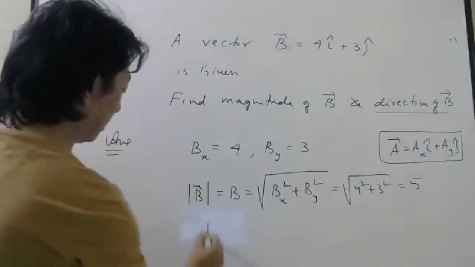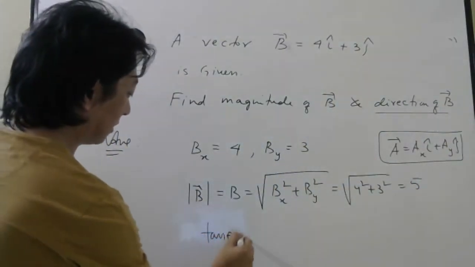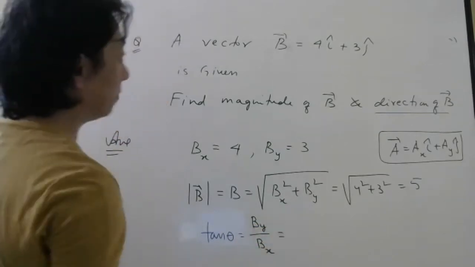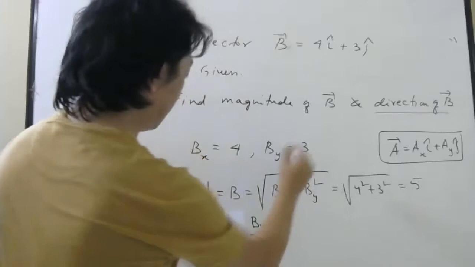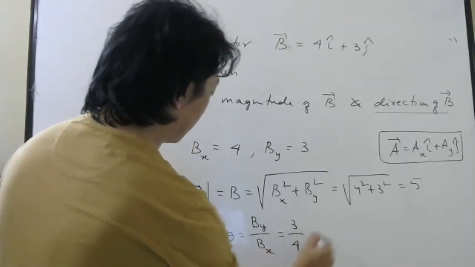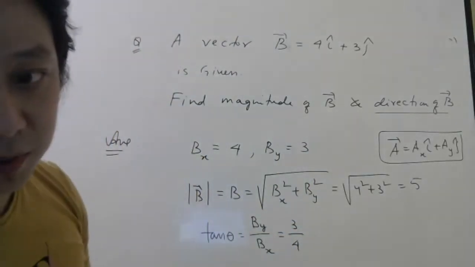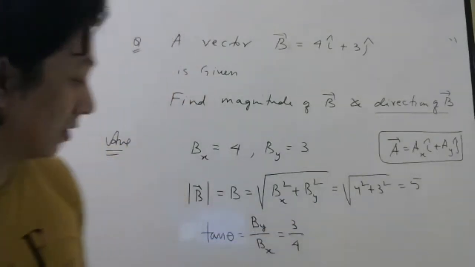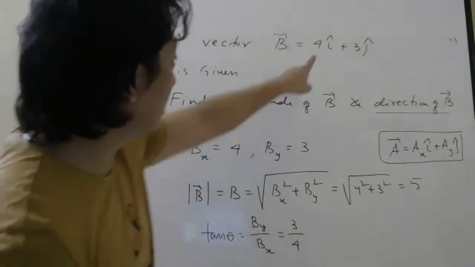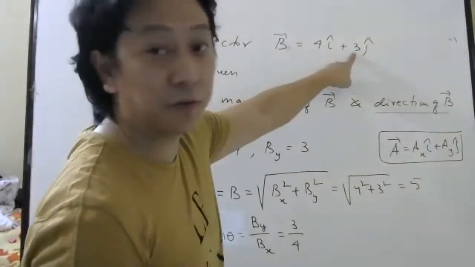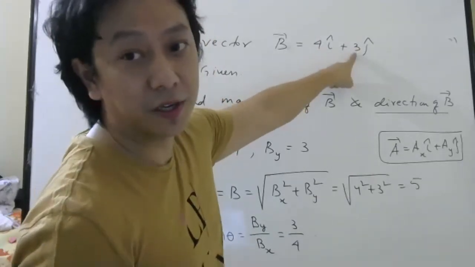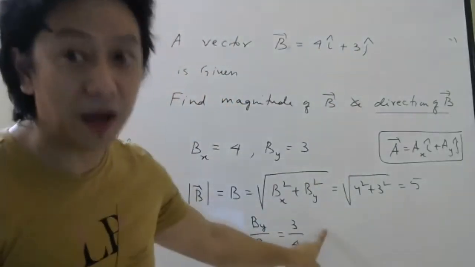And direction, how to find? Direction you have to find by giving the angle. So tan theta will be by by bx. By is 3, bx is 4. So here only we have to stop, because since it is 3 by 4, we cannot find theta from here directly. If this was also 4, and this was also 4, then this ratio will be 1.